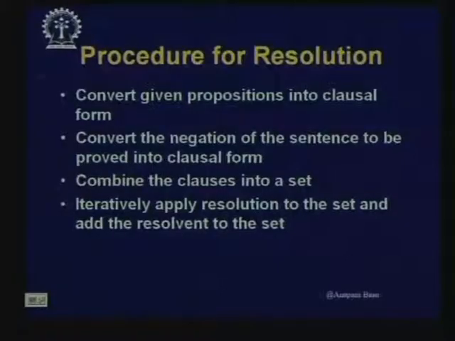Then I take that new clause and take another one and try to resolve it further until all the clauses are exhausted or I come across a contradiction, that is a null clause. As soon as I get a null clause, I immediately prove that the negation of the goal is contradicted, therefore, the goal is true. So, I iteratively apply resolution to the set and add the resolvent of every iteration to the set.